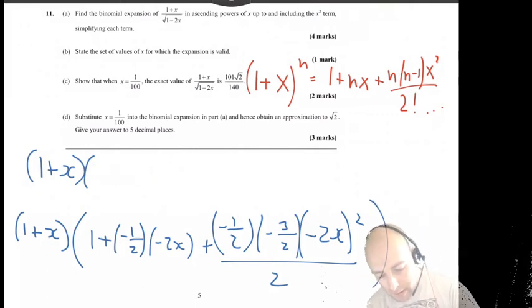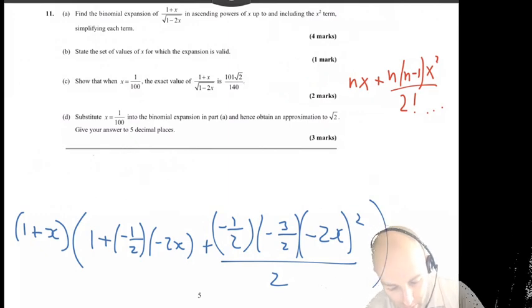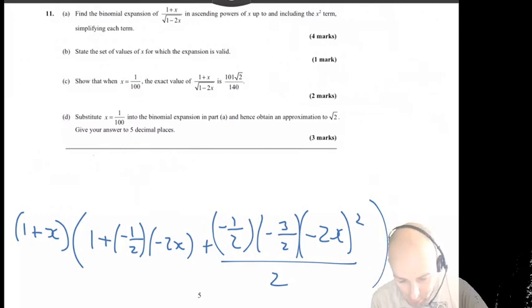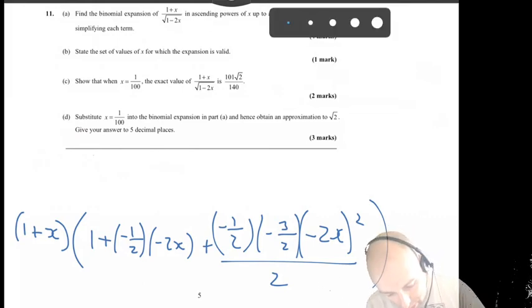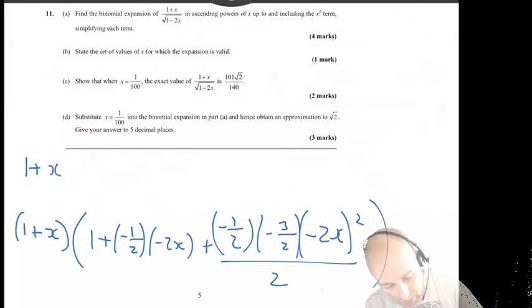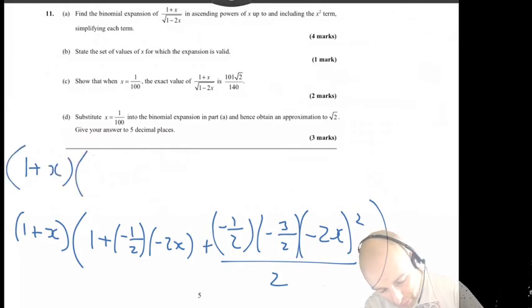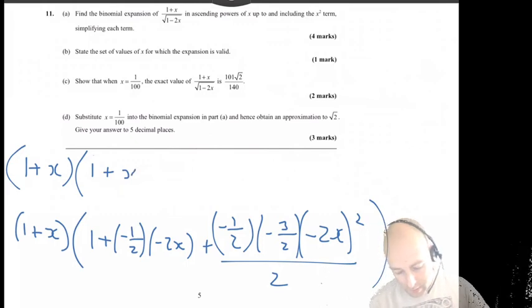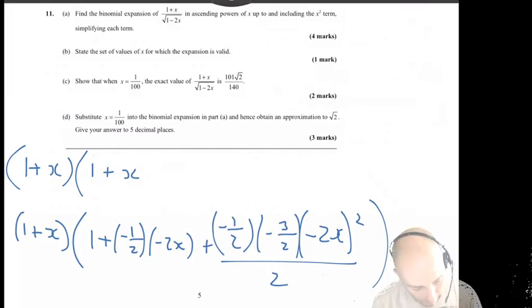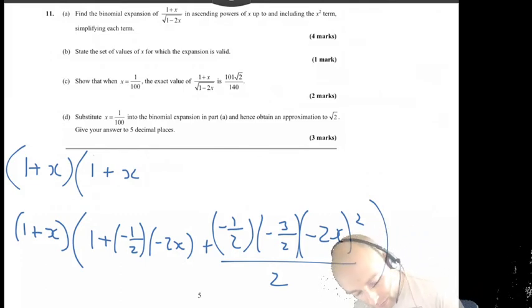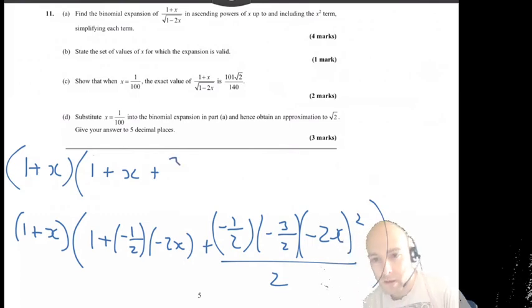So we're going to simplify this, expand it all, and then get rid of any terms of greater power than x squared. Okay, so 1 plus x times by 1 plus x, and we've got minus a half times, I'll just use the calculator, plus 3 over 2 x squared.